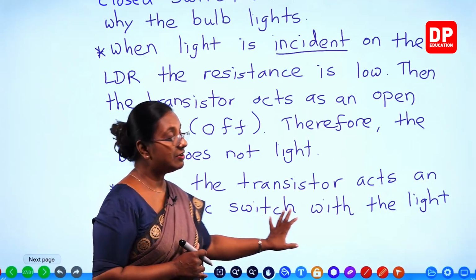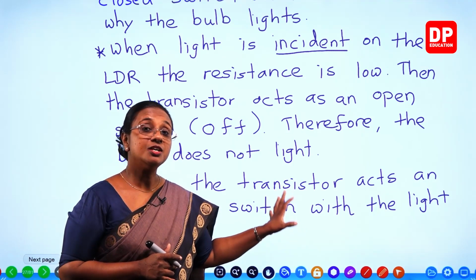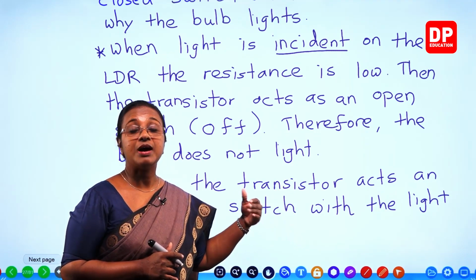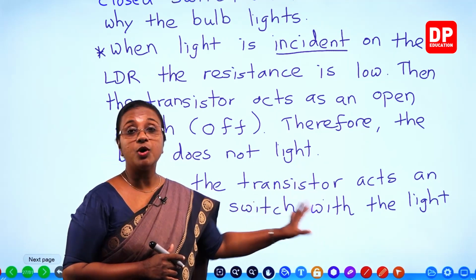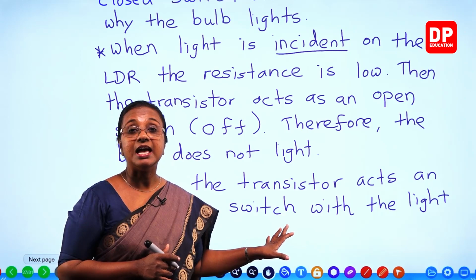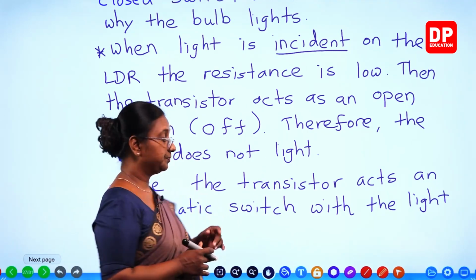Here I have already given the observation and the conclusion of the activity. Just to further understand what is happening by using the LDR, I will move on to the next slide where we have an extra knowledge component, and we will try to understand that as well.